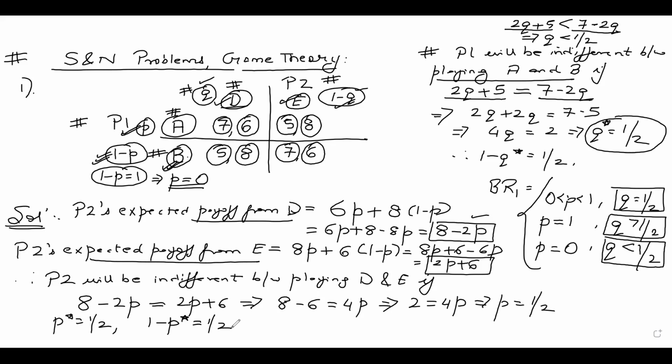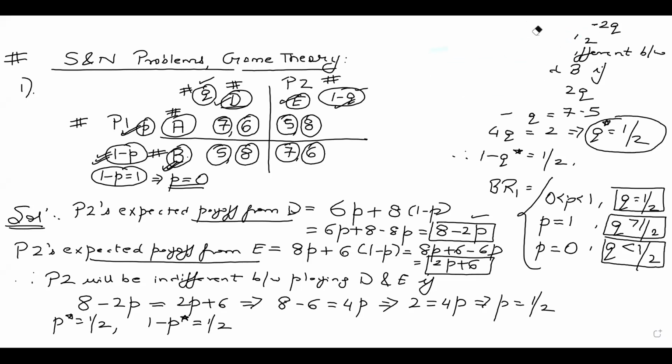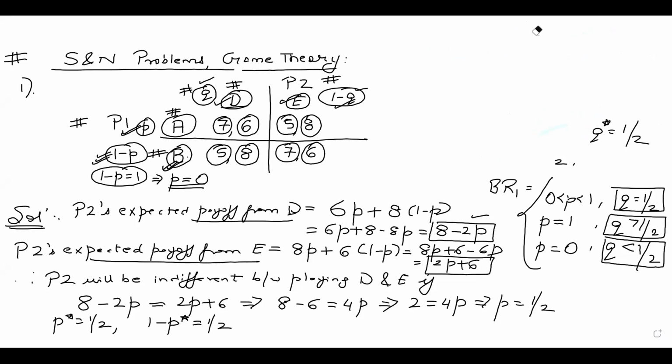On similar lines, guys, now I can write the best response function for player 2. So I'm erasing this part off, and on the top, I am writing best response function for player 2.